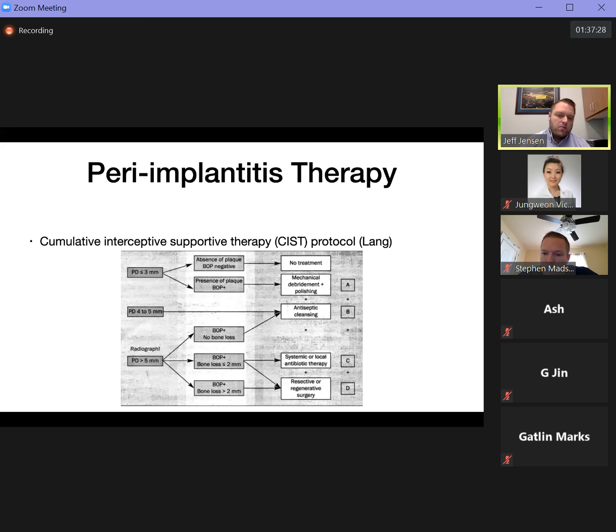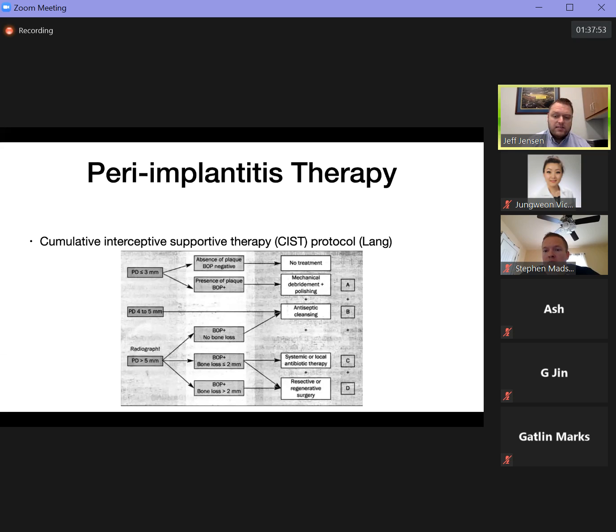If my probing depths start to increase to 4 to 5 millimeters, then antiseptic cleaning may be in order, using a chlorhexidine rinse, or irrigating the area, maybe with Arestin or Atridox. And if my probing depths get to 5 or above, then it's time to start exposing radiographs and looking at bone loss.